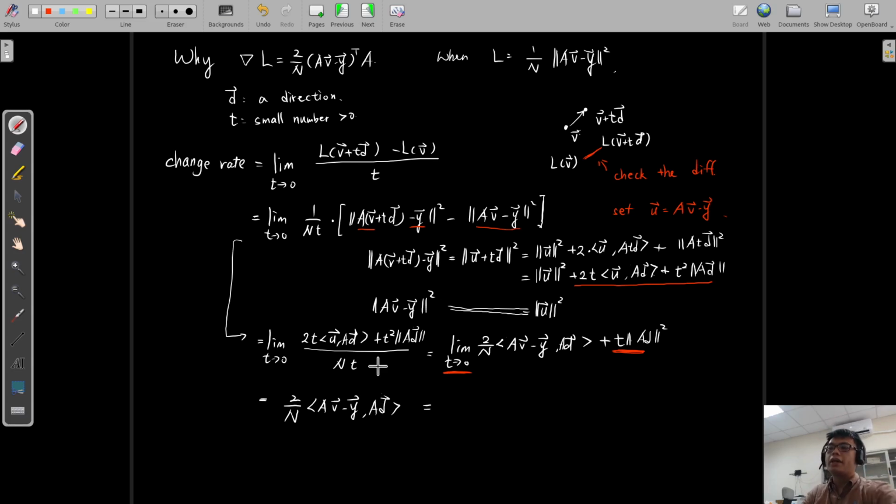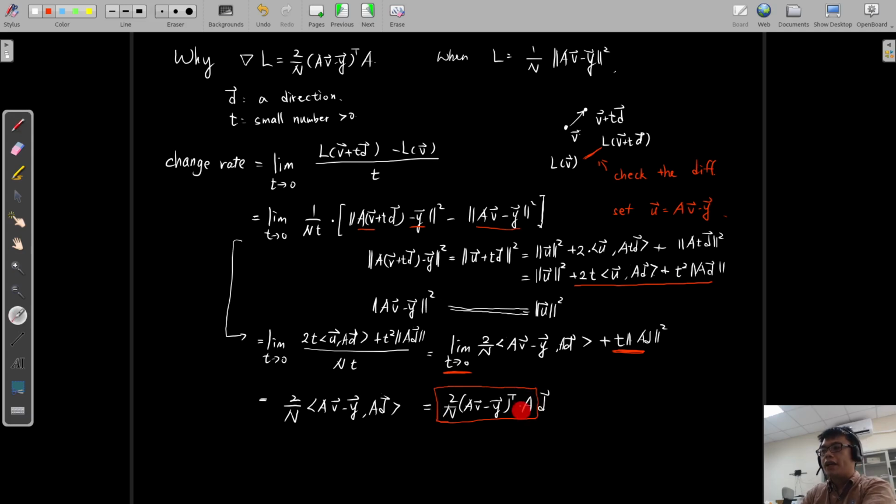And you can write it as n over 2 times Av minus y as the row vector times A times d. So if you're going along the d direction, this part is the derivative.